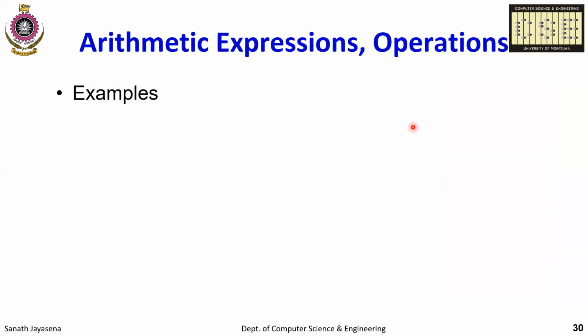Let's look at arithmetic expressions and operations. Let's look at a few examples with an interactive session to show certain things. At the Python shell prompt, we type 3 plus 4.5, and you get the answer 7.5.